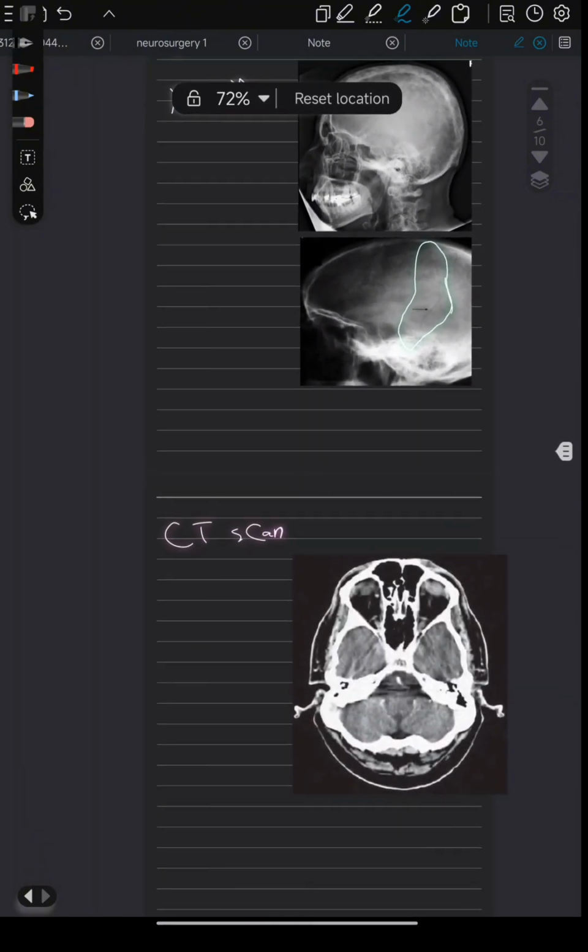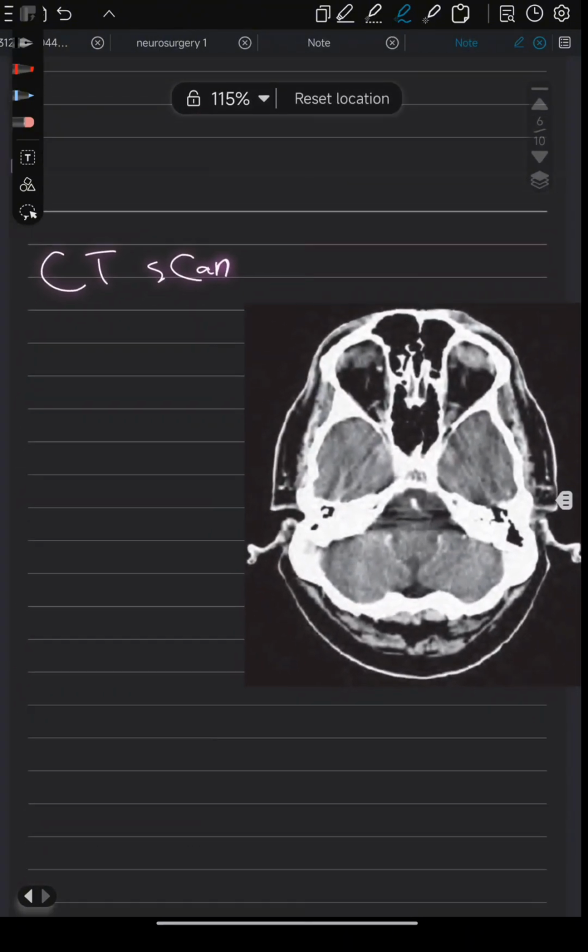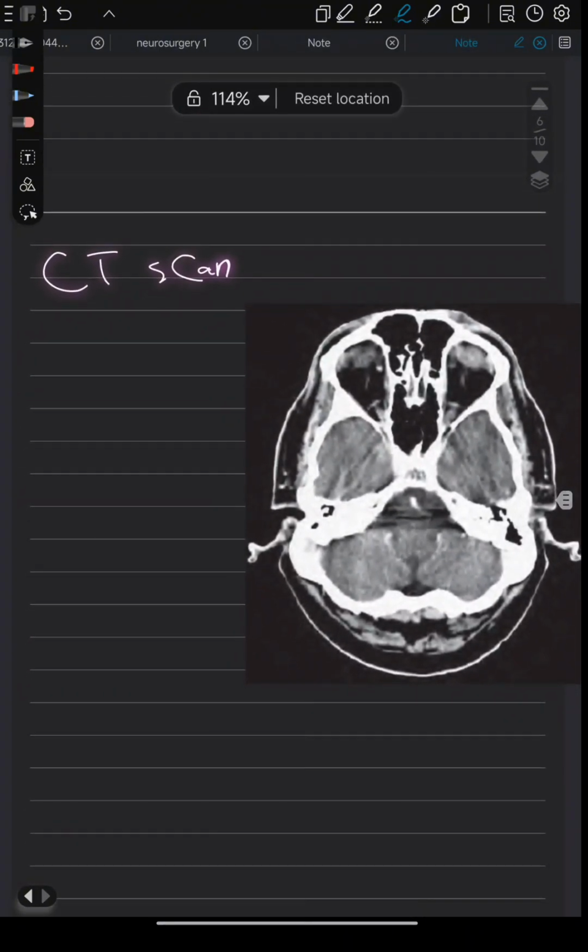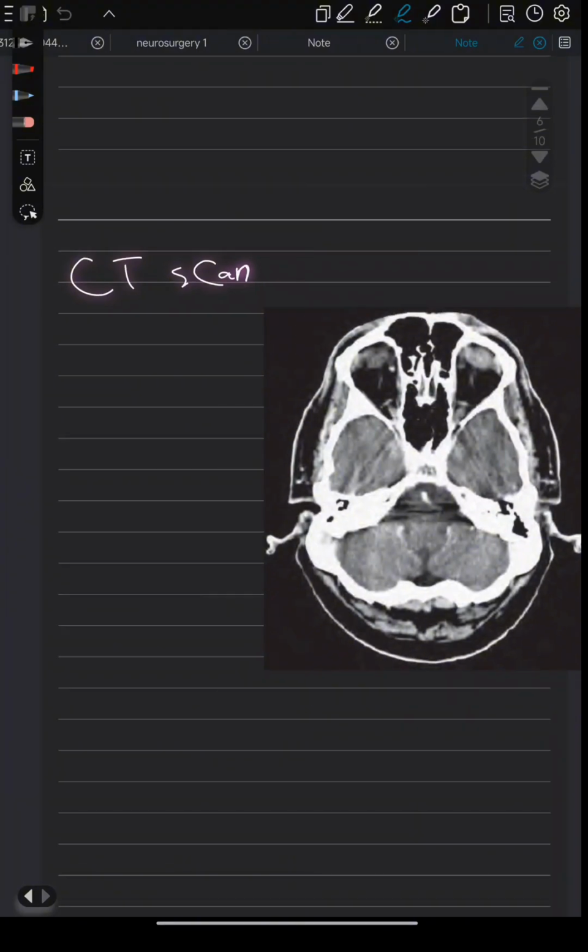What about CT scan? CT scan is fast and effective. Different densities on CT images are related to the X-ray attenuation properties of the tissue being examined, and can be quantified in Hounsfield units.